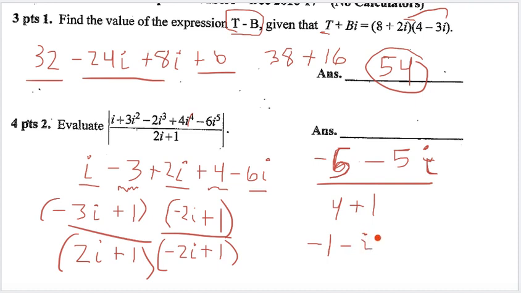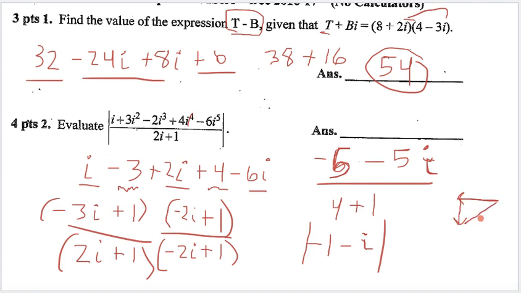This problem had a lot of parts to it, because now I need to take the magnitude of it. And the magnitude is kind of like the Pythagorean theorem. We have a negative 1 in the real direction, and we have a negative i in the imaginary direction.